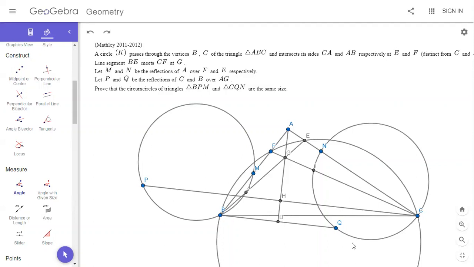All right. So yeah, I want to show G has the same powers.